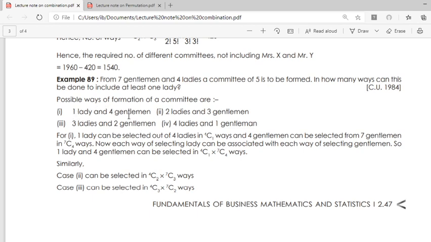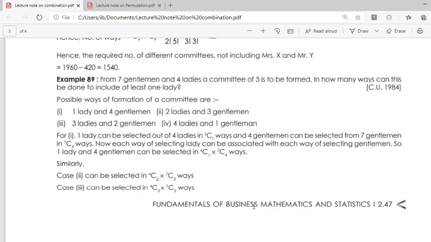That's to say 1 lady and 4 gentlemen; 2 ladies and 3 gentlemen, because you must include at least 1 lady; 3 ladies and 2 gentlemen; the fourth way will be 4 ladies and 1 gentleman. These are the 4 possible ways you can form the committee.